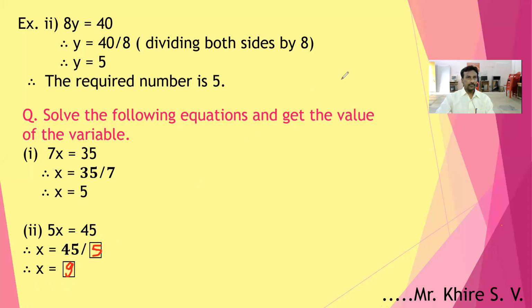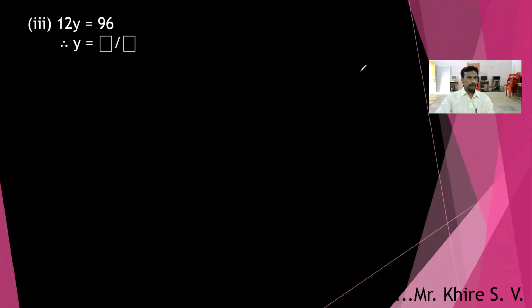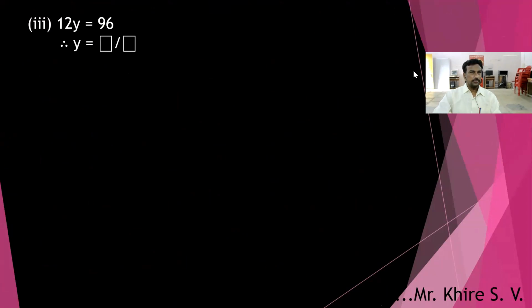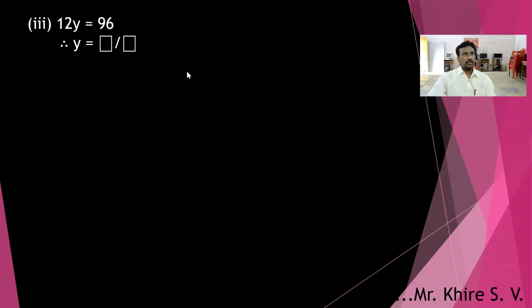Next is 12y is equal to 96. The equation is given: 12y is equal to 96. Again the same example is there, only the values are changed.